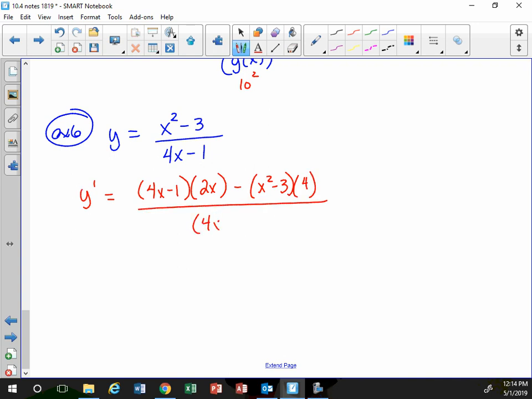And guys, you don't have to multiply out the denominator. Probably should have started with that. You can just leave it as that quantity squared, that's fine.